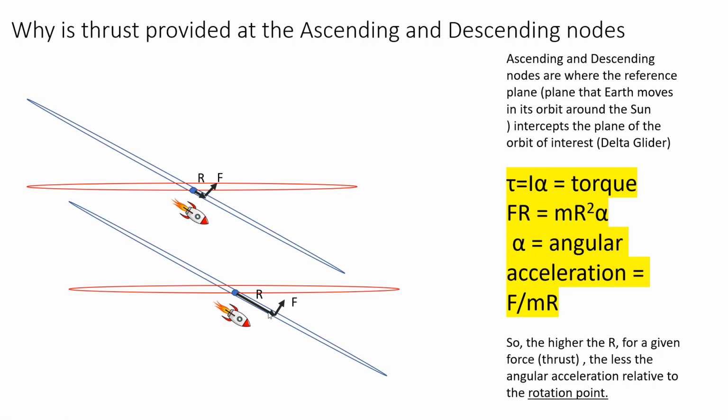And you can actually test this for yourself by flying the Orbiter 2016 simulation and try to apply the thrust a fair distance away from the ascending or descending node, and you'll find that it doesn't have much effect in reducing the relative inclination between the two orbital planes.